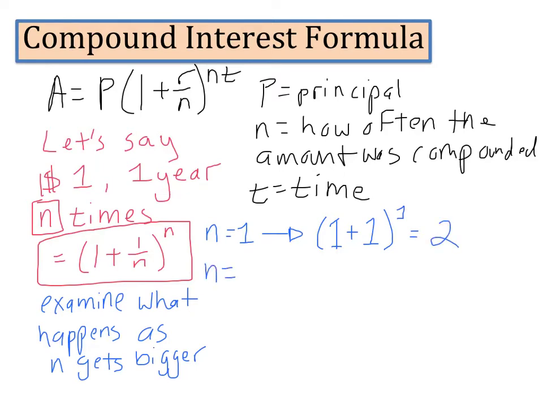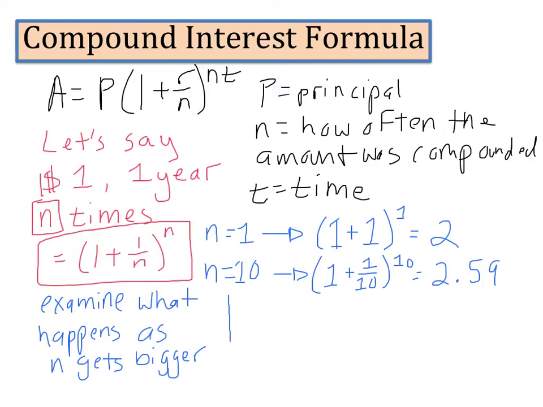How about if n is 10? If n is 10, we have 1 plus 1 divided by 10 raised to 10, and this comes out to be about 2.59.